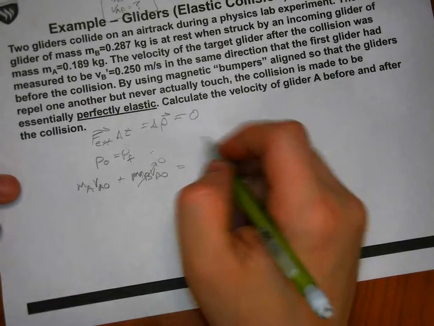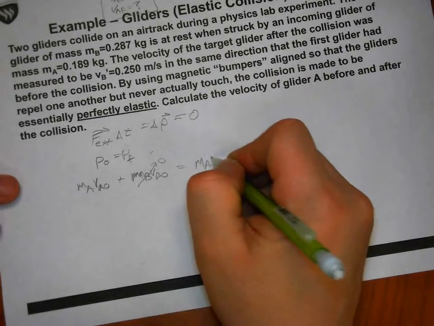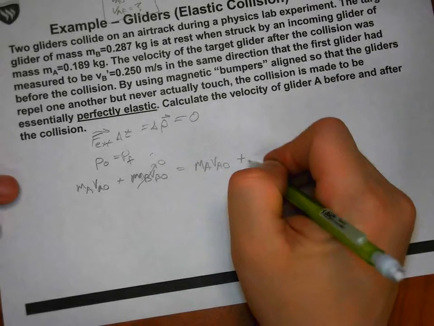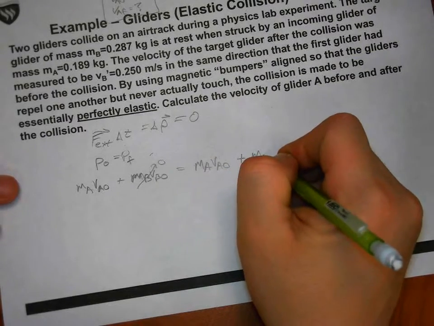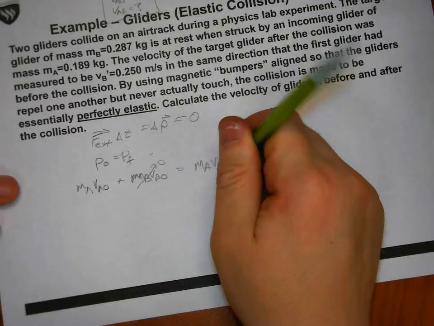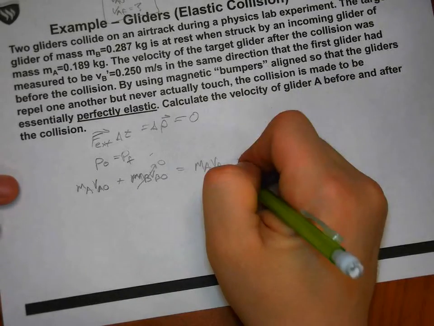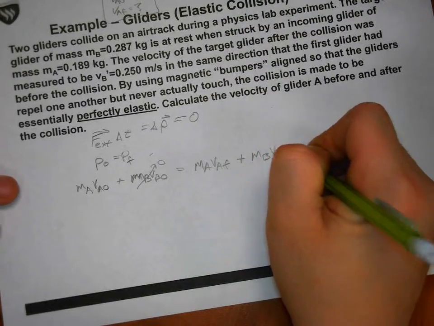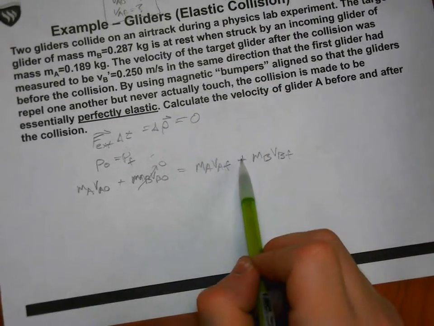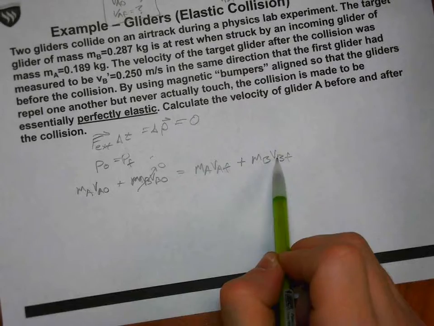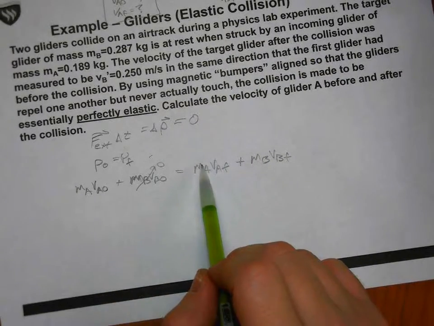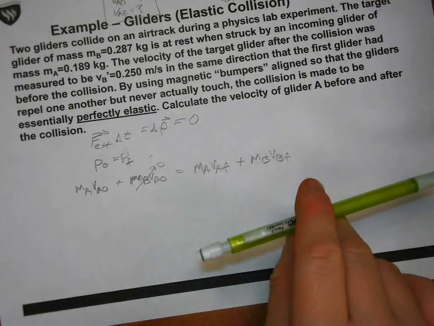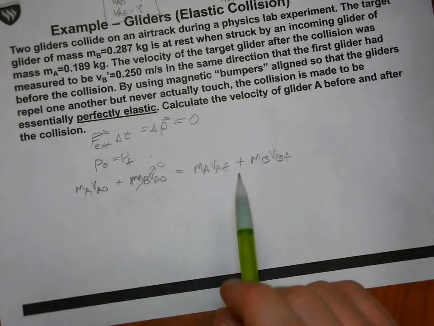And in the end, you have MA VA final plus MB VB final. Now that is plus because this should have the same sign as this. This we are going to assume is also moving in the direction to the right, but it may come out negative. We're not sure yet.